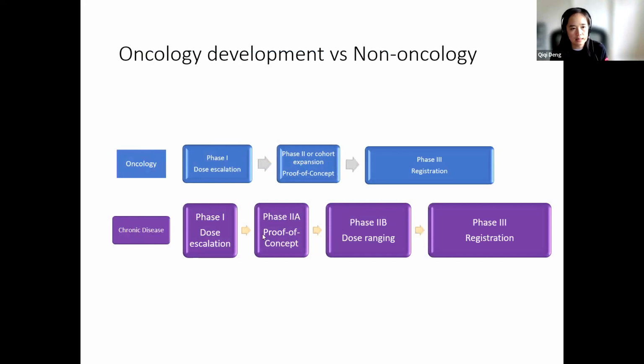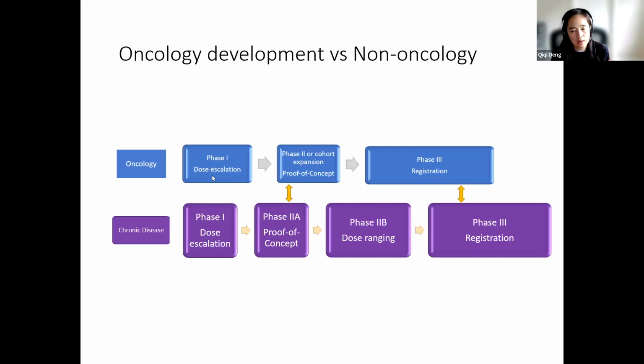For chronic disease, that's what we spent the last 40 minutes or so talking about. When it comes to oncology, you can see that it still has the proof of concept study phase, and also the registration confirmatory phase 3. However, the main difference is how the dose is selected.